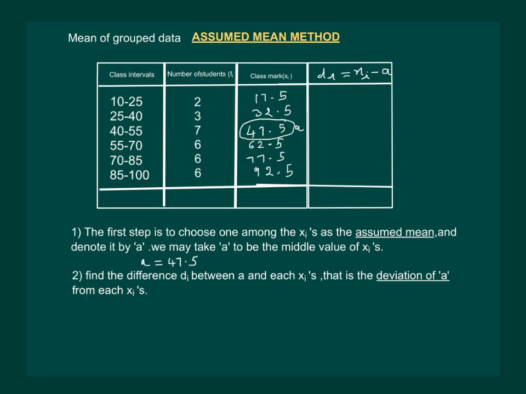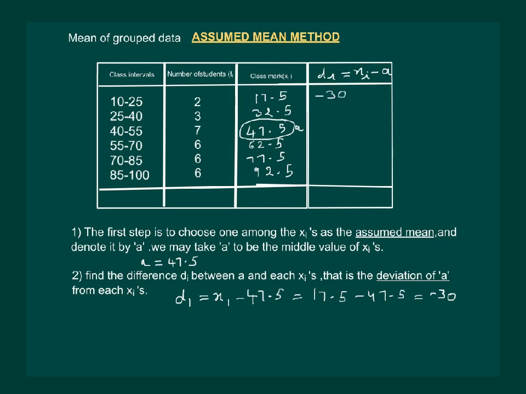Let us calculate d1, which will be x1 minus a, which is 47.5. Now x1 is 17.5 minus 47.5 is equal to minus 30.